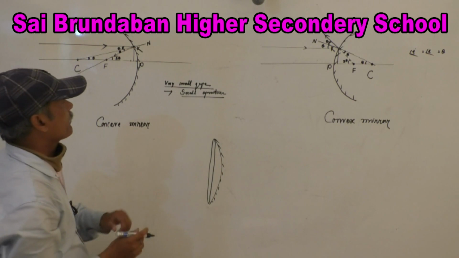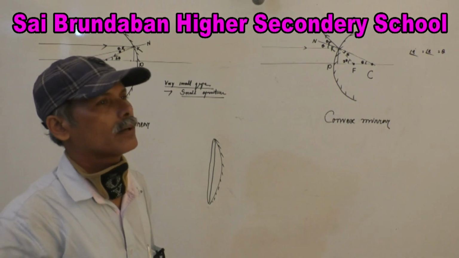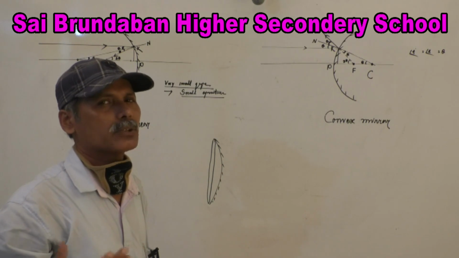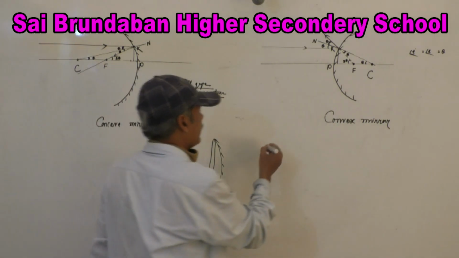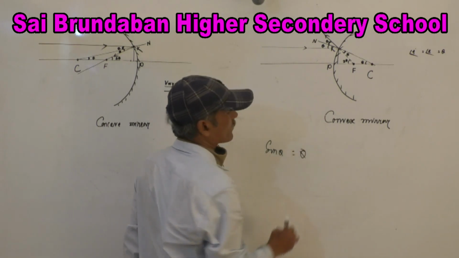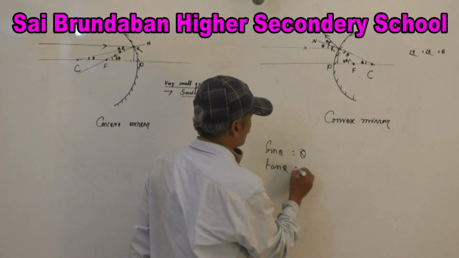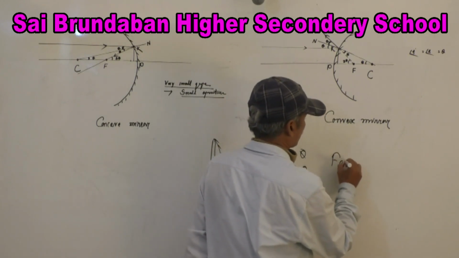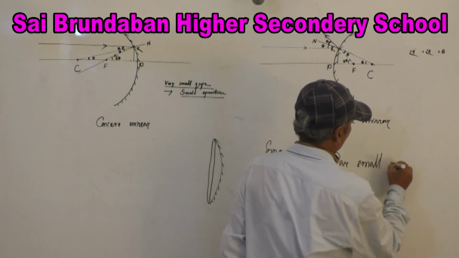So now tell me, in first year I have told you, sin theta is equal to theta, tan theta is equal to theta for small angles.